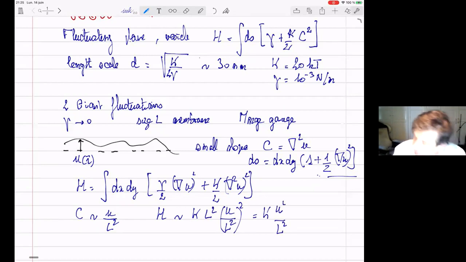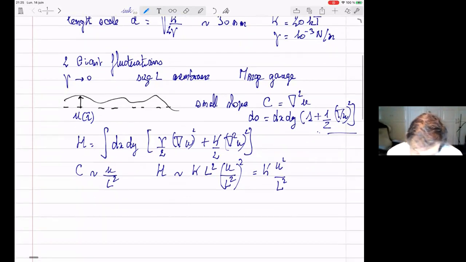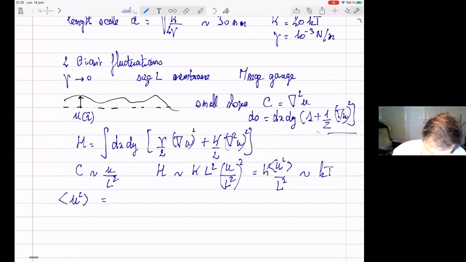Now, this is a Gaussian Hamiltonian, so what statistical physics tells you, using the equipartition of energy, is that this Hamiltonian for a size L should be of order kT. So the fluctuation is such that the average of u squared is of order kT L squared divided by kappa.